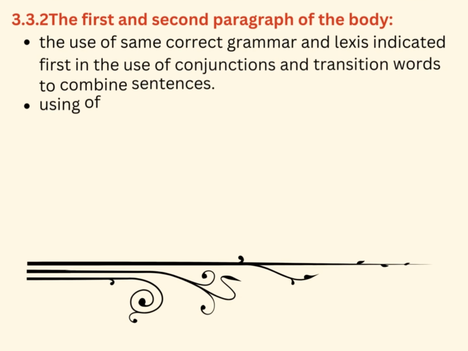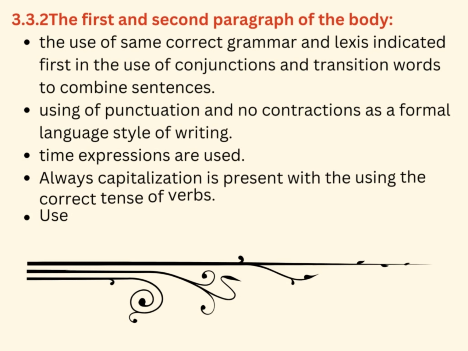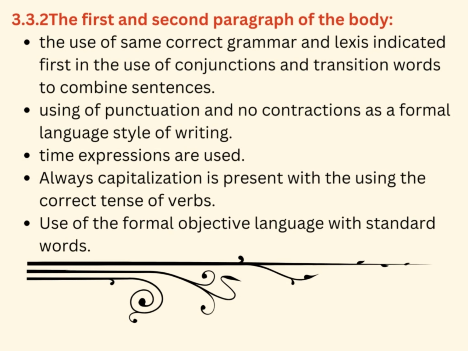Then, in the first and the second paragraph of the body, there is the use of the same correct grammar and lexis indicated first: the use of conjunctions and transition words to combine sentences such as and, as, in fact, also, etc. Punctuation is used and there are no contractions, as is the formal language style of writing.